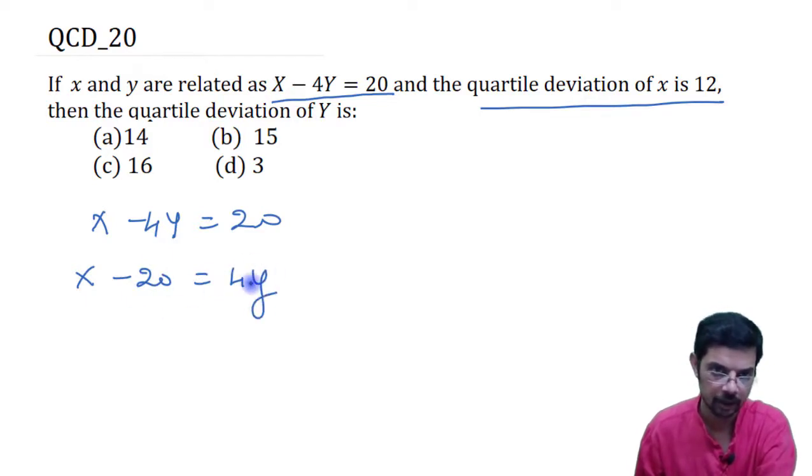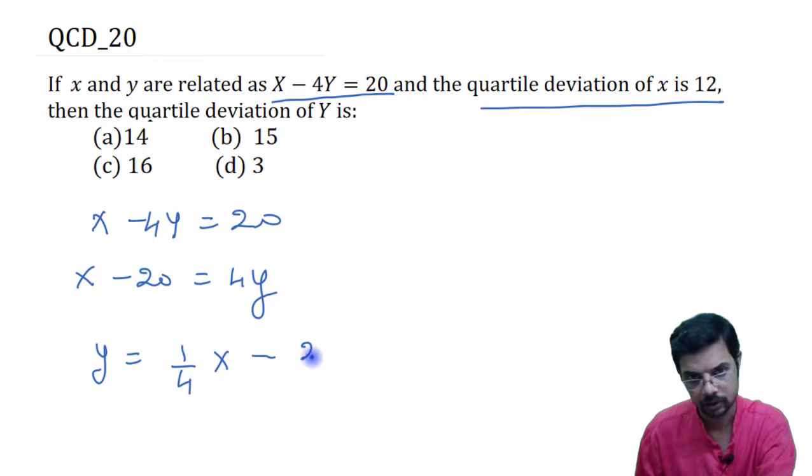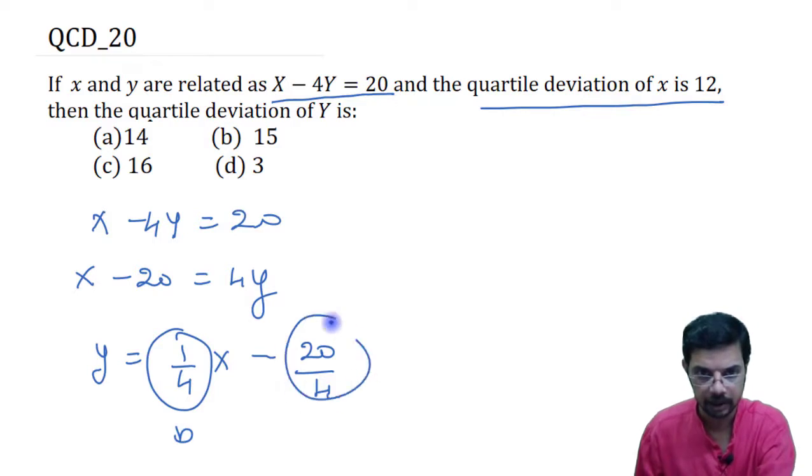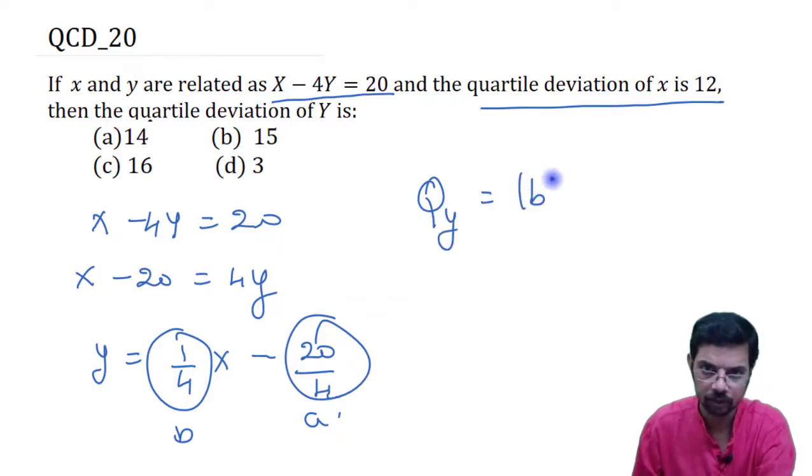Again, we can convert this as y equal to 1 by 4 into x minus 20 by 4. Here this item is your B and this item is your A, and we know that the quartile deviation of y will be equal to modulus of B into the quartile deviation of x.